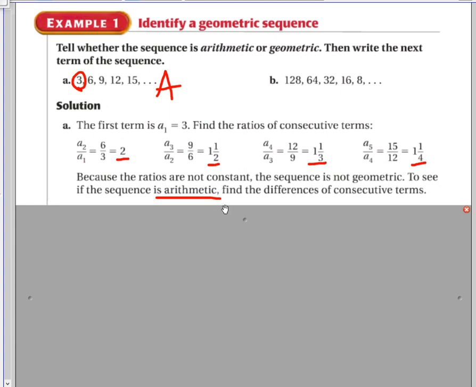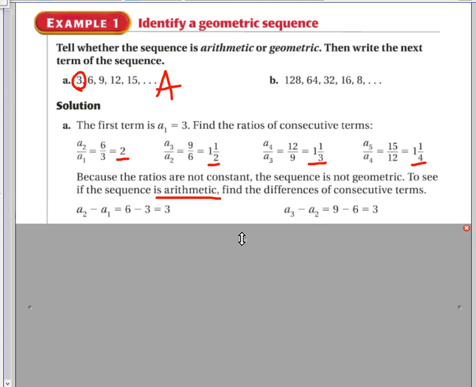For B, we're starting with 128, then 64, 32, 16, 8. I'm going to do the exact same thing as above and divide: 64 divided by 128, 32 divided by 64, 16 divided by 32, and 8 divided by 16.